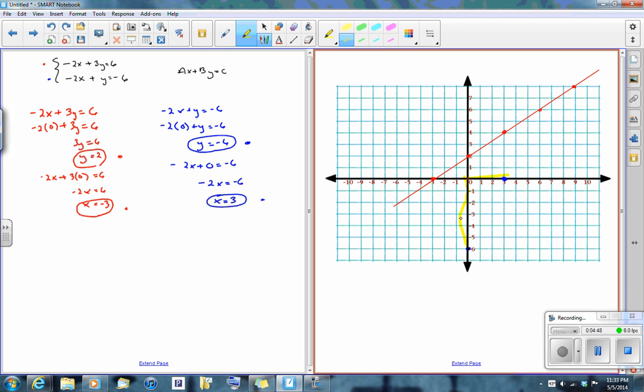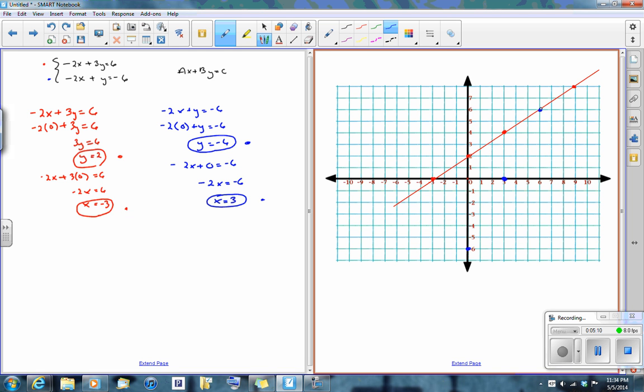Not a very even line there, but rise 6 and over 3. We'll do that with my blue pen. I'll do that again. Rise 6, so right up to 6, and over 3, and bingo.